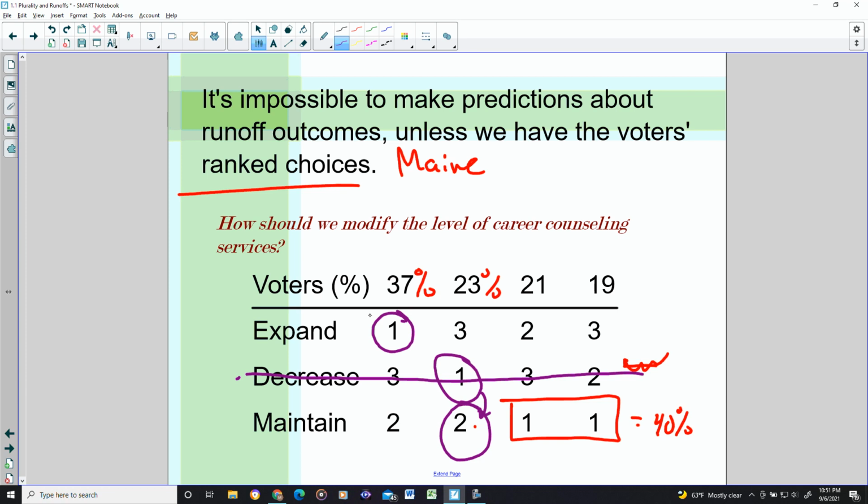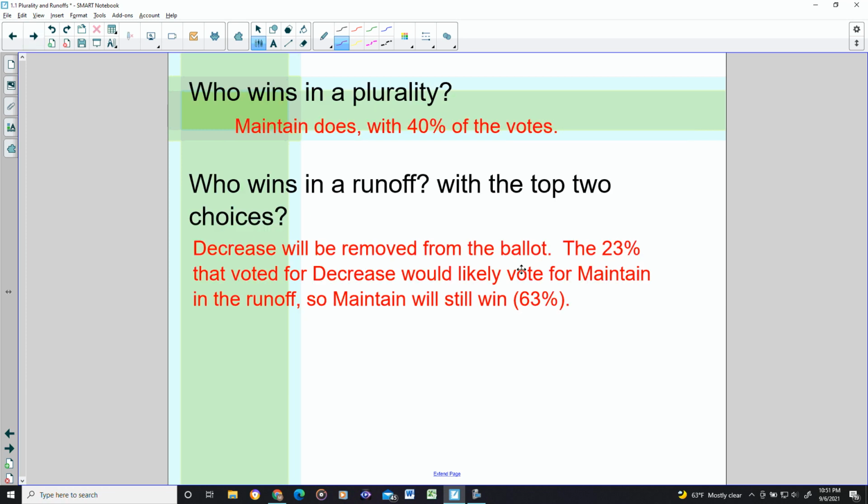So what's going to happen? In a runoff, the 23% that voted for decrease would likely vote for maintain in the runoff. So maintain will still win with 63% of the votes. But here's the difference. Maintain in a plurality, 40% of the votes. Who wins in a runoff? Maintain still wins, but this time you have 63%.